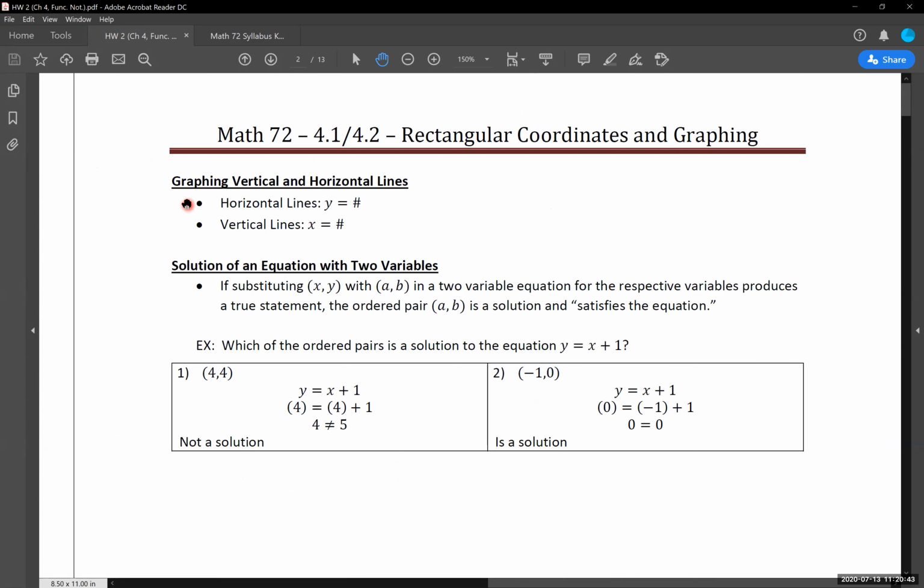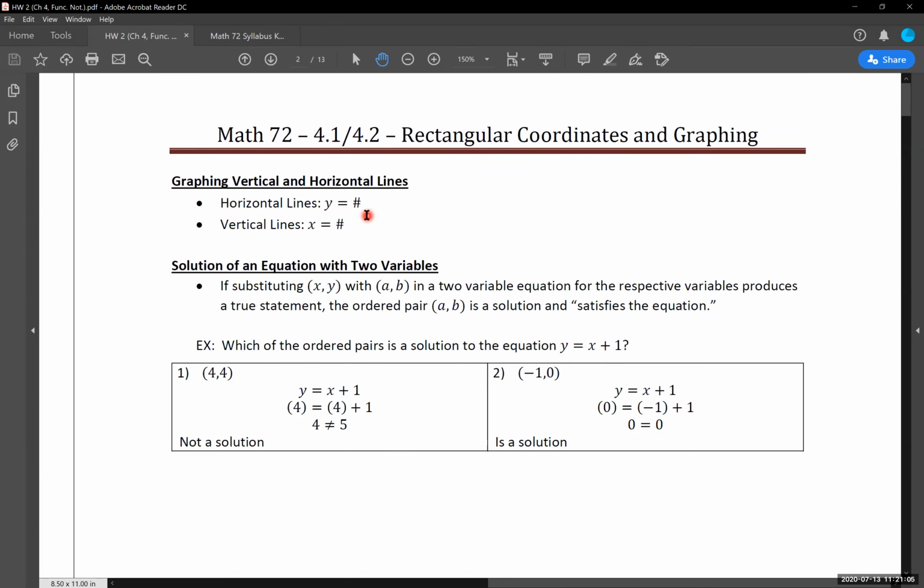So every horizontal line that we're going to work with is always going to come in the form of y equals just a number. So whenever we are told to graph a horizontal line, whatever it may be, the equation is always, always, always going to be of the form y equals some number.